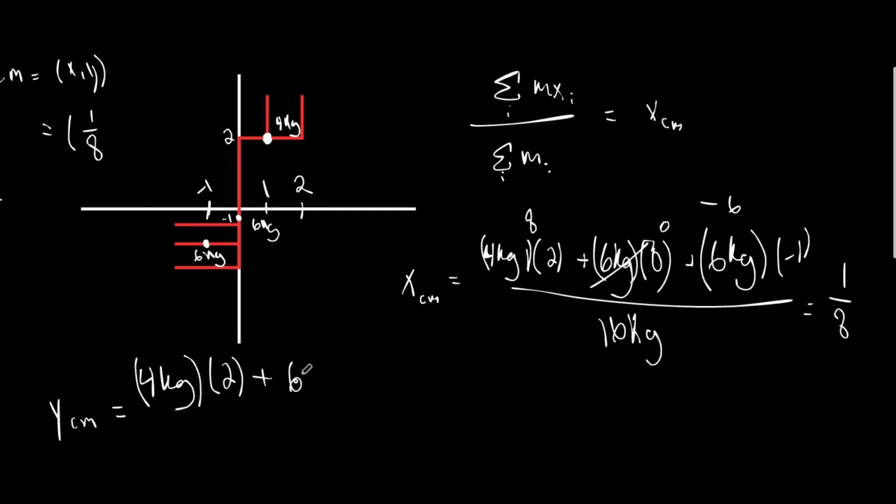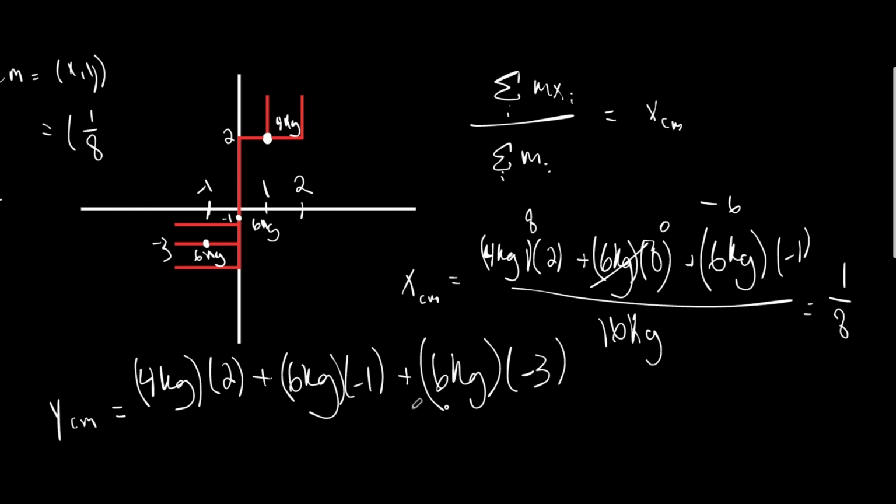So I have 6 kilograms times -1, plus, again, 6 kilograms. But this time we'll say this is -3. So we go down -3. And then this is all over the addition of all the masses, which we previously calculated to be 16 kilograms.